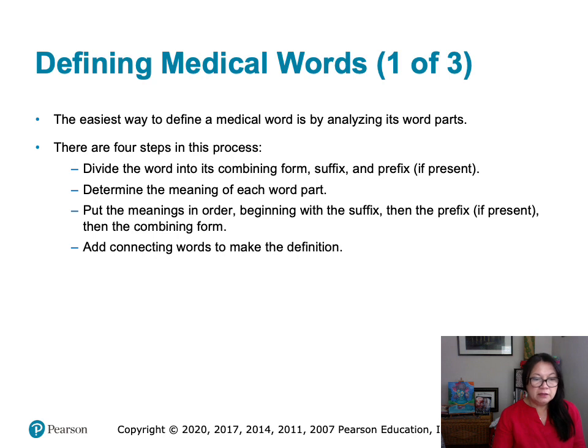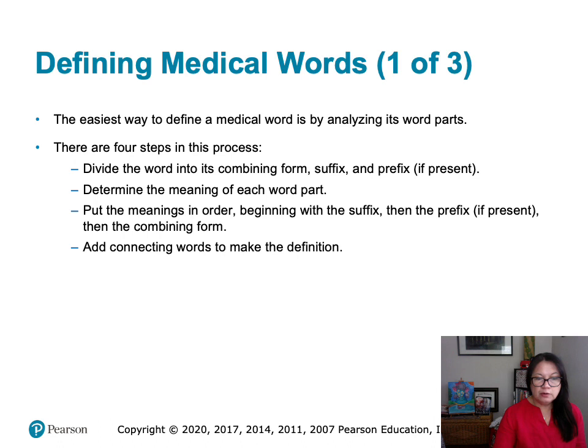First, you divide the medical word into its combining form, suffix, and prefix, if there is a prefix. Second, determine the meaning of each word part. Third, put the word part meanings in order, beginning with the suffix, then the prefix, if there is one, and then the combining form. Finally, add small connecting words to make the definition.